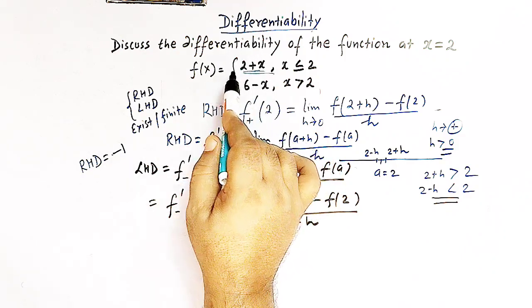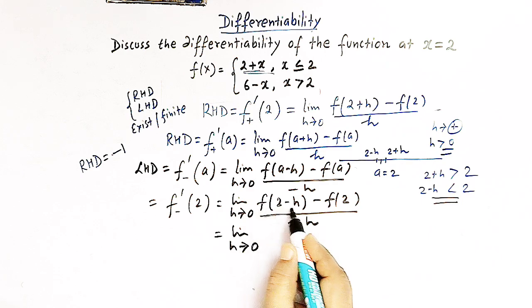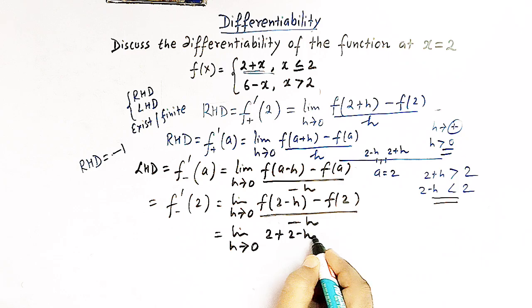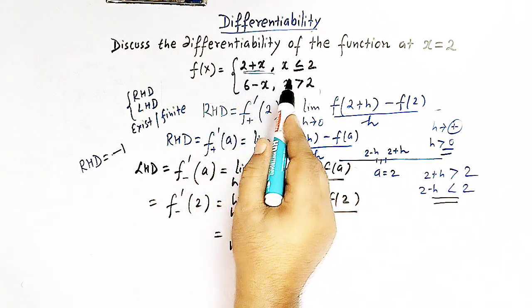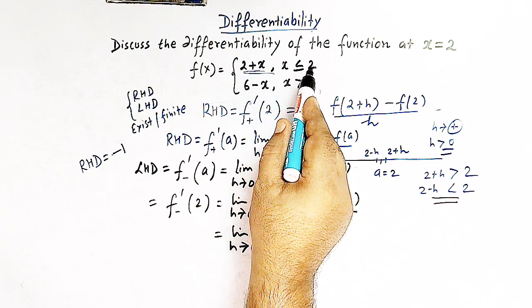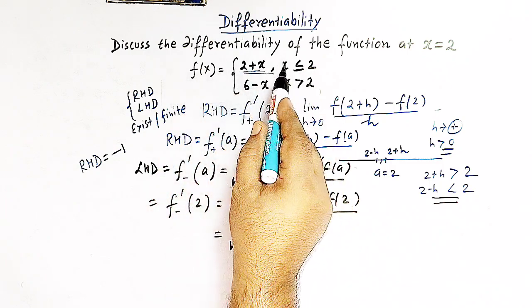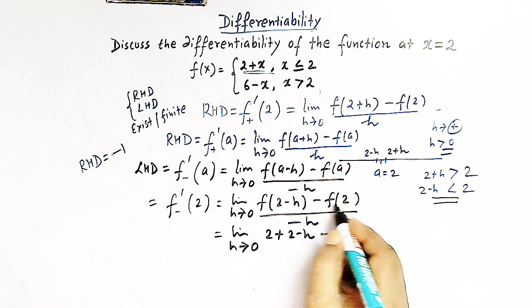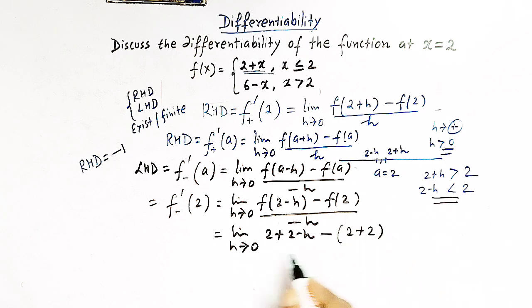So we'll now use this form of the function for f of 2 minus h. So we have 2 plus 2 minus h, taking x is equal to 2 minus h over here, because f of x is defined as 2 plus x for all x less than or equal to 2. And now f of 2 is given by 2 plus 2, and here we have minus h.